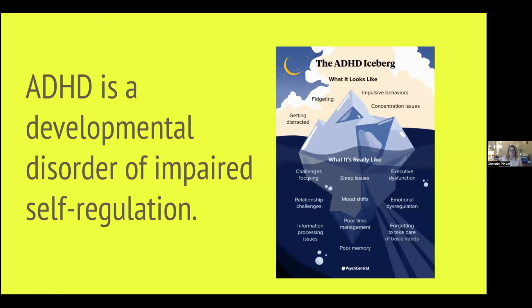On the surface, we think about and see some of the more observable or classic ADHD symptoms. But those symptoms are really driven by underlying deficits in self-regulation, in executive functioning, right? And those deficits have really wide-ranging impacts.